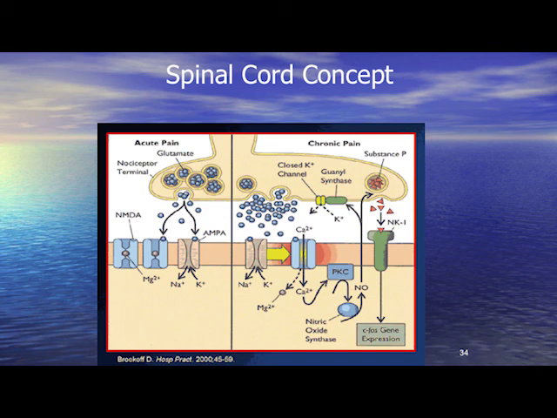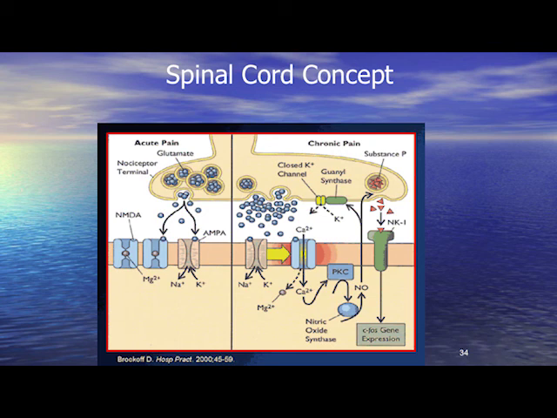In acute pain, when the acute pain impulse happens, it leads to release of a lot of glutamate, an excitatory mediator. This glutamate goes across the synaptic cleft and stimulates the AMPA receptors, and the AMPA receptors open the channels so propagation of the impulse develops.